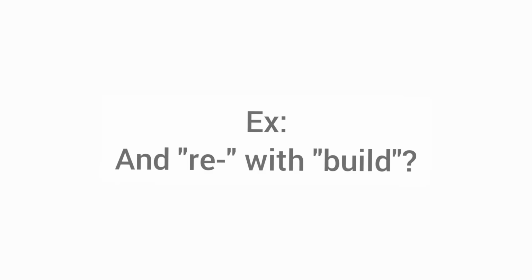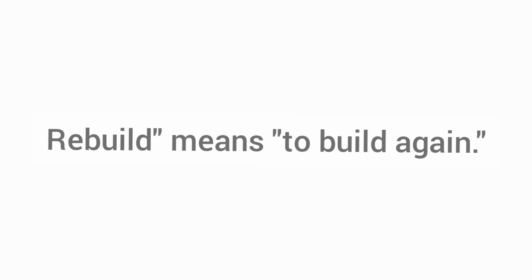Very good. We have "rewrite". Rewrite means to write again. And what do we get when we add "re" to build? Excellent. We have "rebuild". Rebuild means to build again.